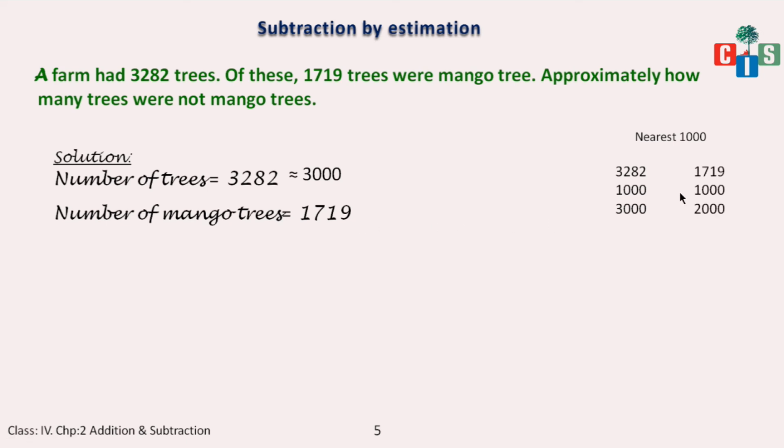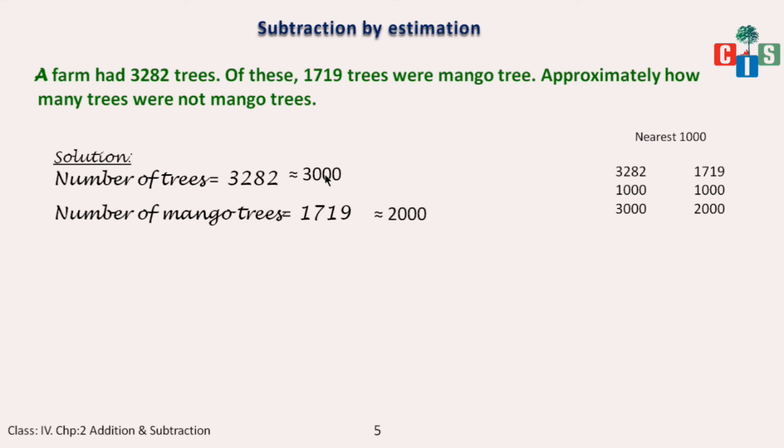Here the digit to the right of the rounding place is 7, which is greater than 5, so you add 1 to the rounding place, and this 1 changes to 2. So my answer will be 2,000 here.